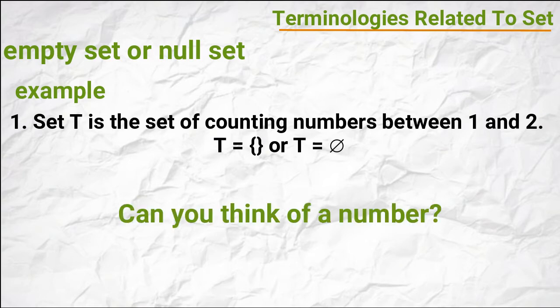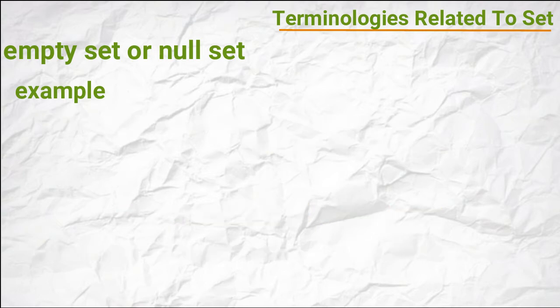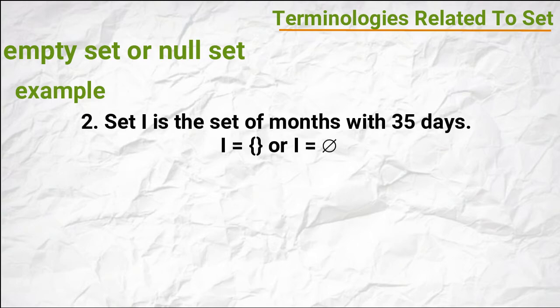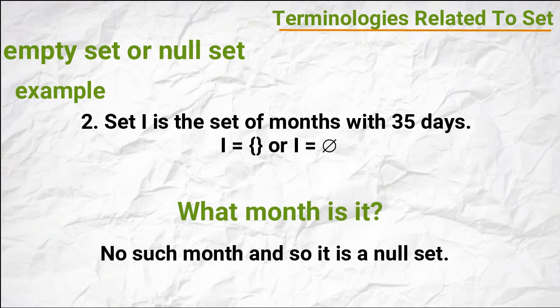Can you think of a number? Yes, there is no such number. That is why it is a null set. The second set I is a set of months with 35 days. What month is it? No such month, and so it is a null set.